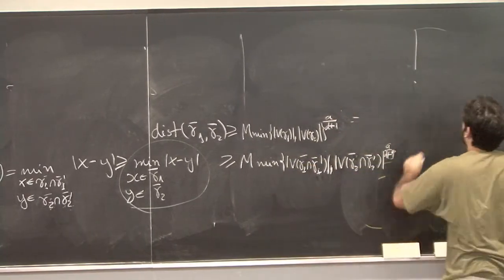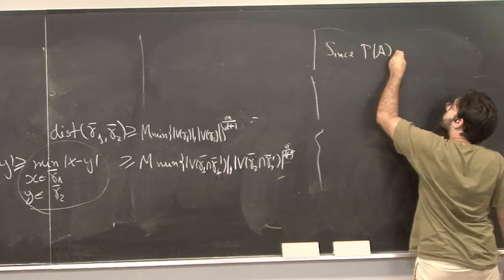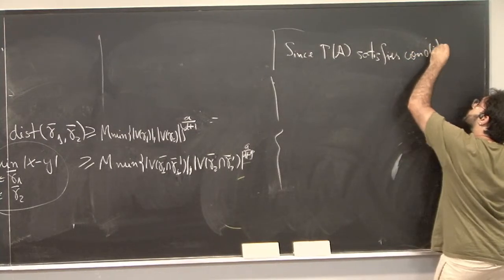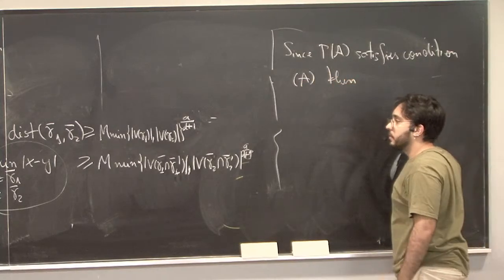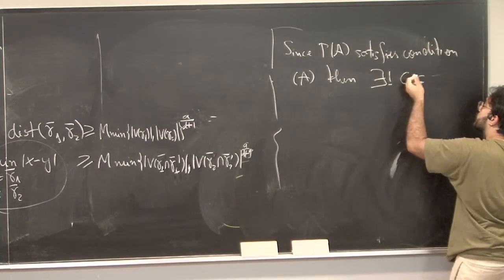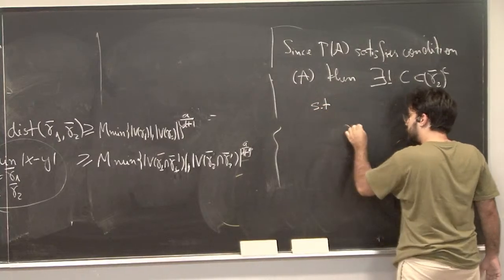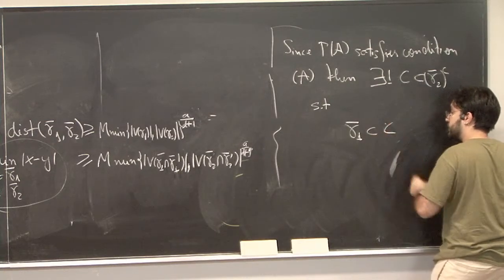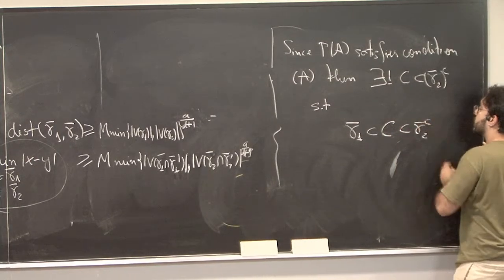Since gamma A satisfies condition A, there will exist a unique connected component C of gamma 2, the complement, such that gamma 1 is inside C. And again, C is inside gamma 2, the complement.